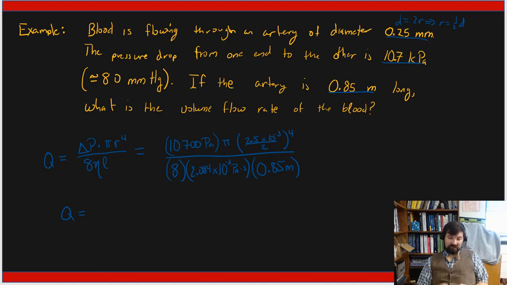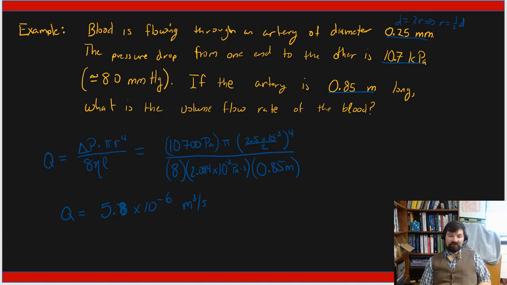Okay, and so that's everything in the numerator, and then we divide by 8, we divide by 0.85, and we divide by 2.084 times 10 to the minus 3. That gives us a volume flow rate of Q equals about 5.79. So maybe we have two significant figures, so we'll call that 5.8 times 10 to the negative 6. All right, and that is in cubic meters per second.